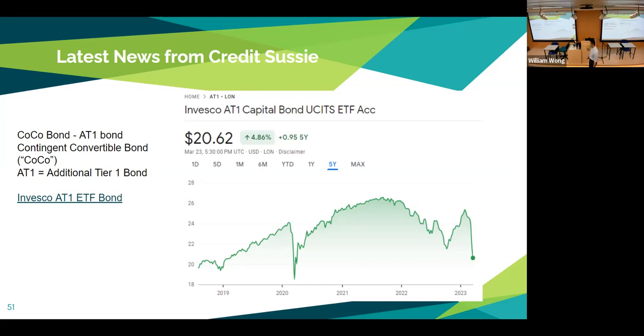So this is one type of perpetuity bond that has become very popular, because last time I think I said it is hard to find perpetuity bonds. This is an ETF portfolio, by the way. You can actually invest even now in AT1 L10. Back in the COVID situation, it was trading around 24 and then boom, down to like 19. And it happened again this time.